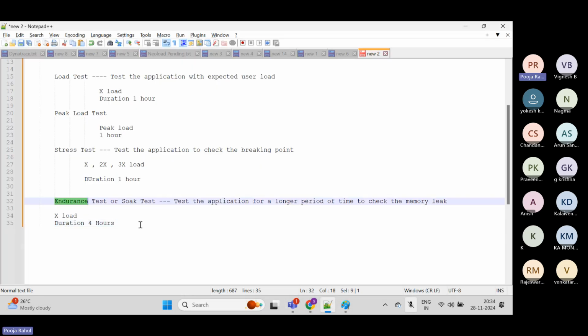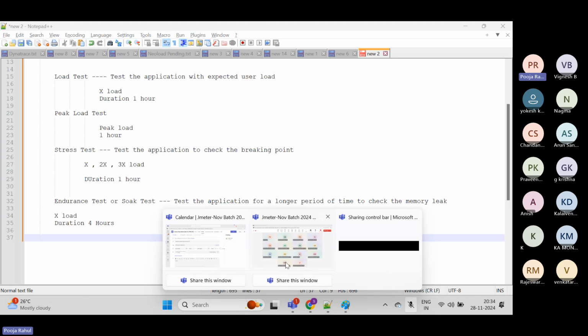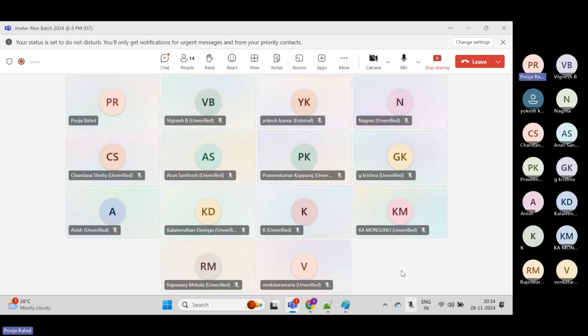So endurance test is also an important test. It is required to do, but I'll put a disclaimer here. In industry right now, because of timeline pressure or skill set, many performance testers are not even telling the customer there is a test type called endurance test, though we are the ones proposing the test types, right?